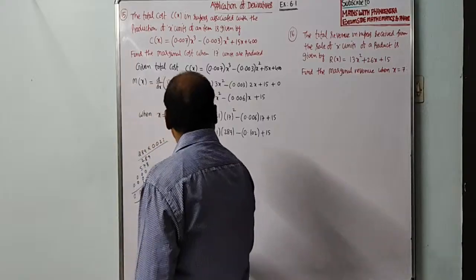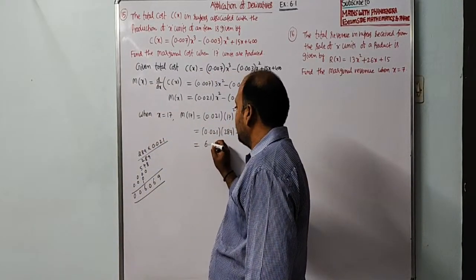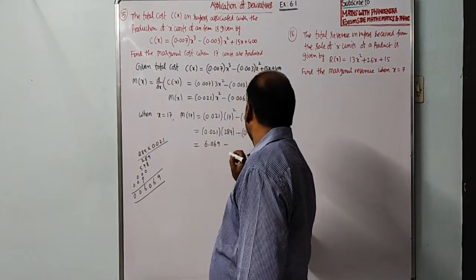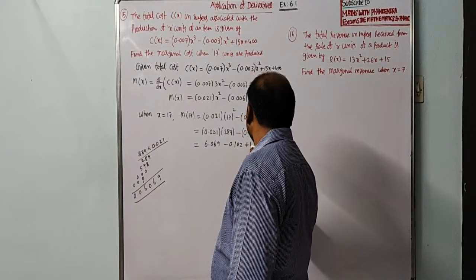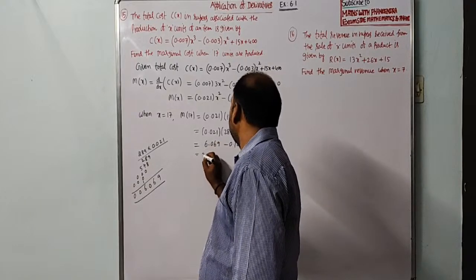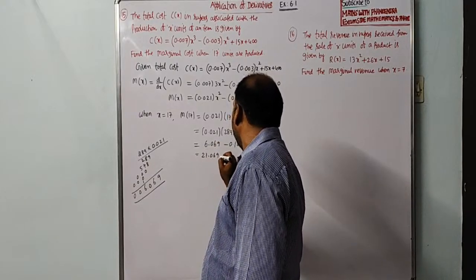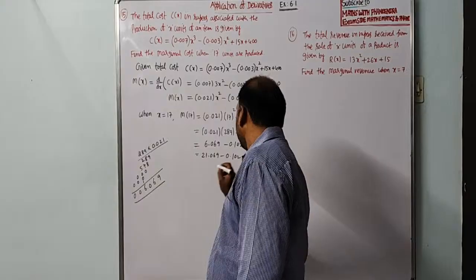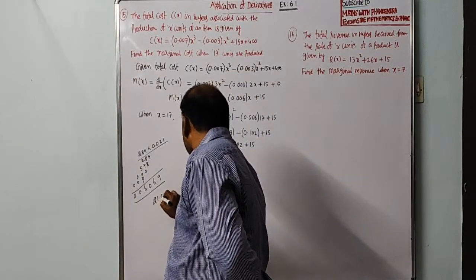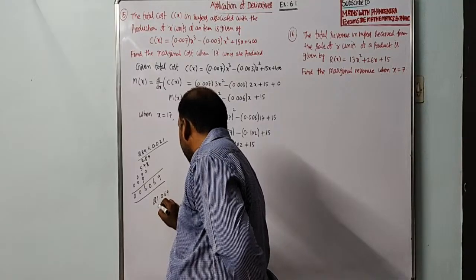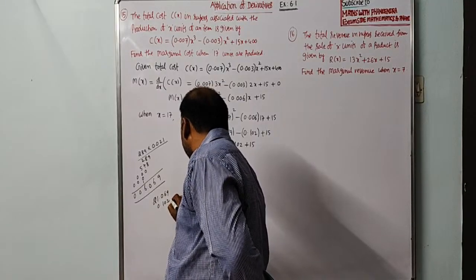So it is 6.069 minus 0.102 plus 15. 15 plus 6 is 21.069 minus 0.102. So we can calculate that also.